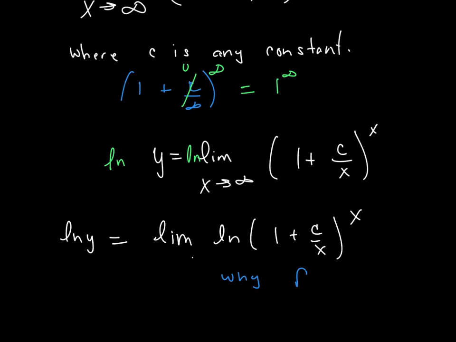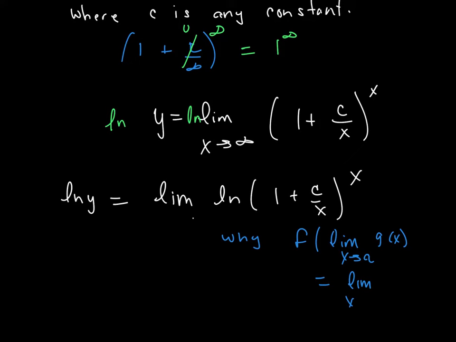Because we have this rule with functions and limits that says if you have a function f of the limit as x approaches some value a of g of x, as long as that function is continuous, which the natural log is, that is equal to the limit as x approaches a of f of g of x.